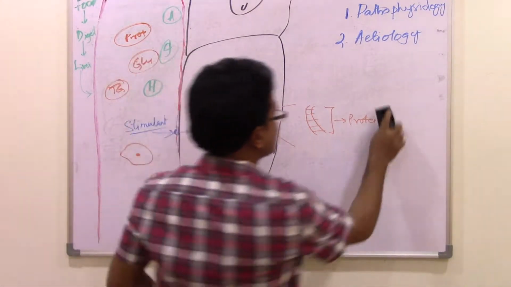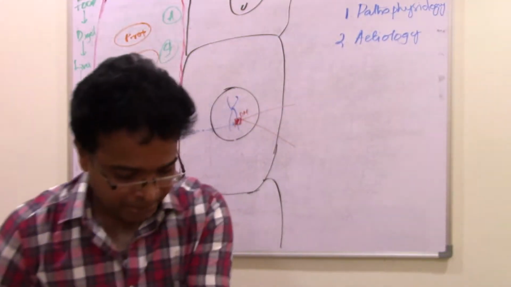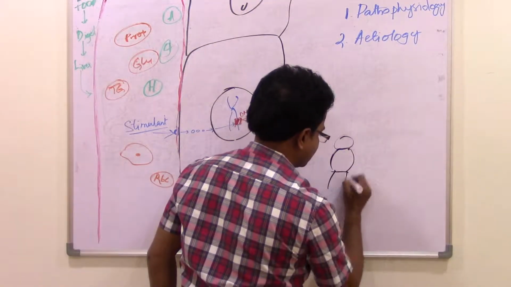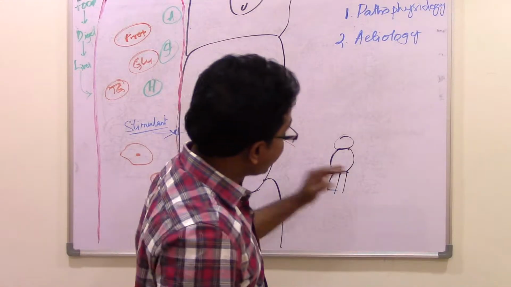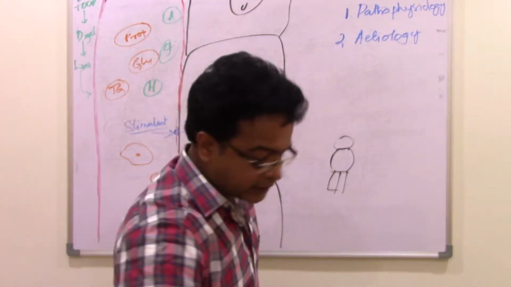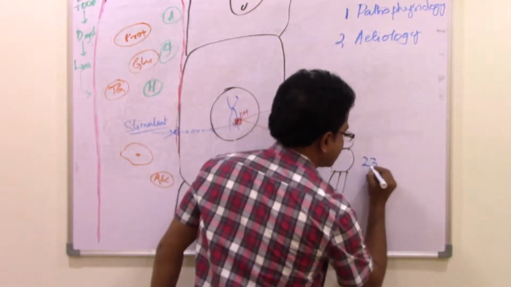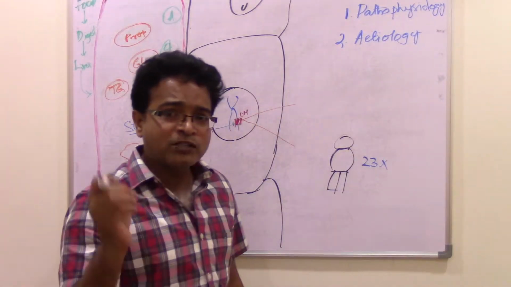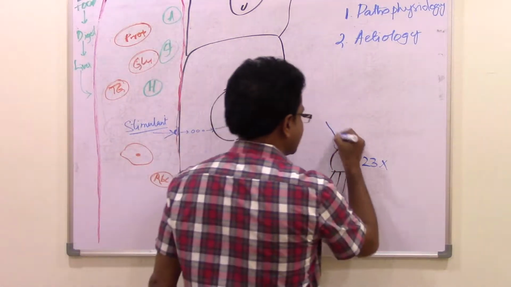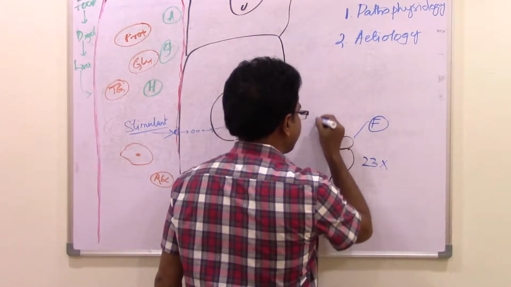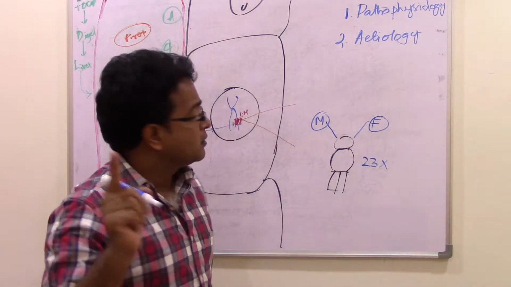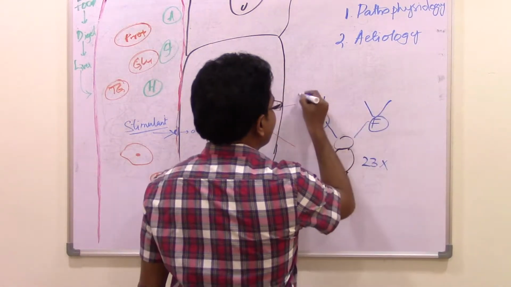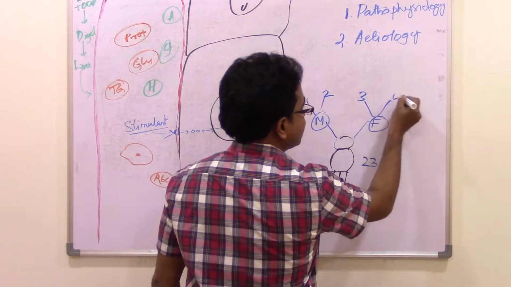Now let's come back to the story that there is one man, right? He has 23 pairs of chromosomes. He doesn't make his own chromosomes, he gets them from his father and mother. They also get theirs from their father and mother.